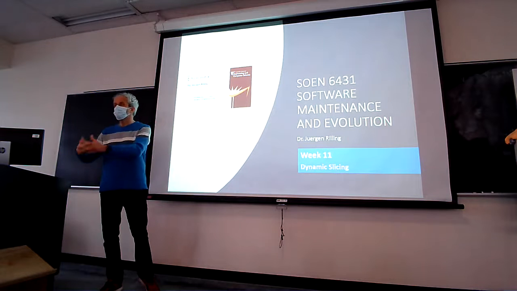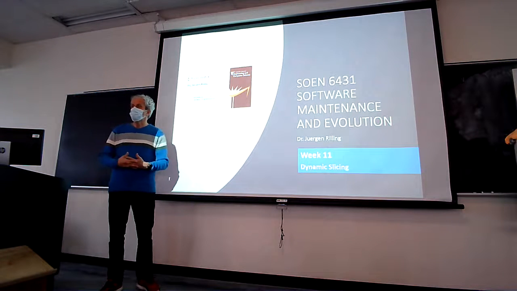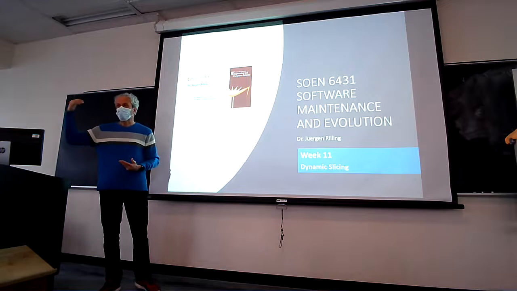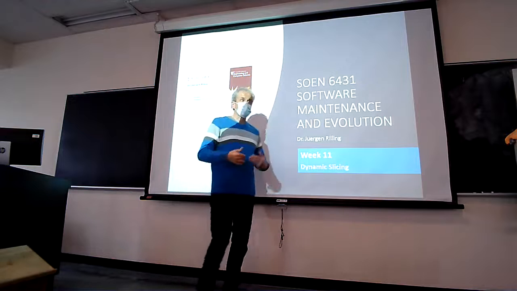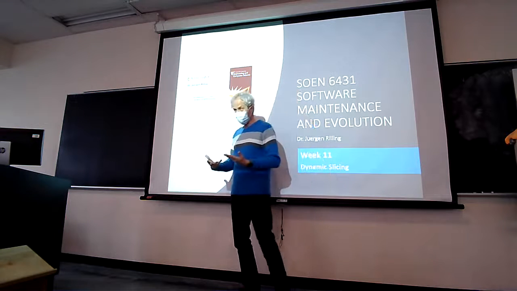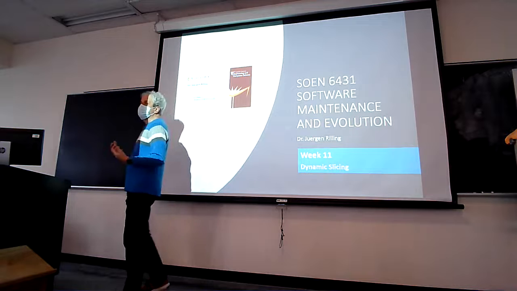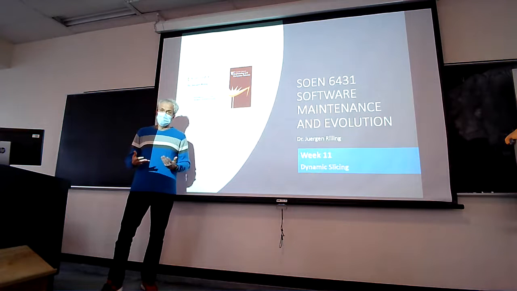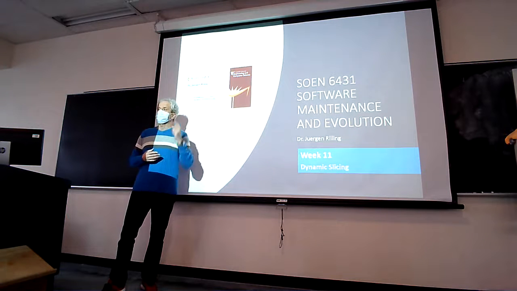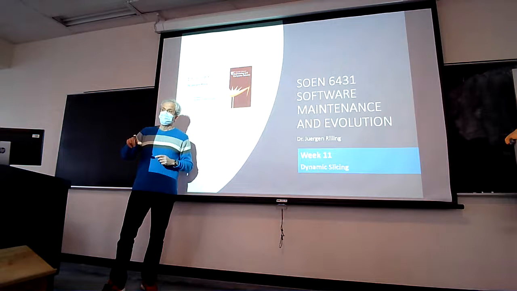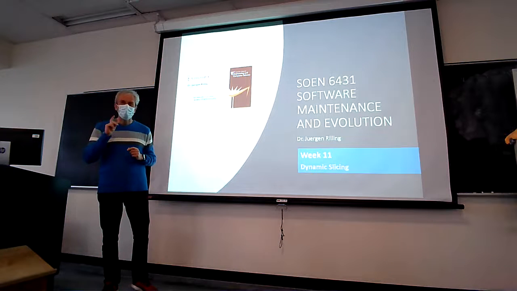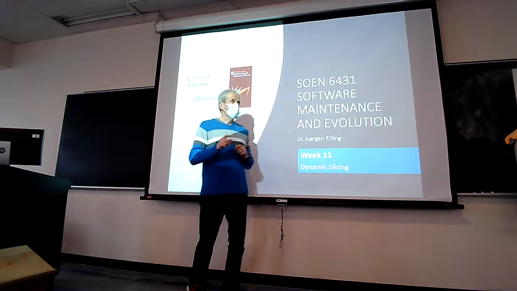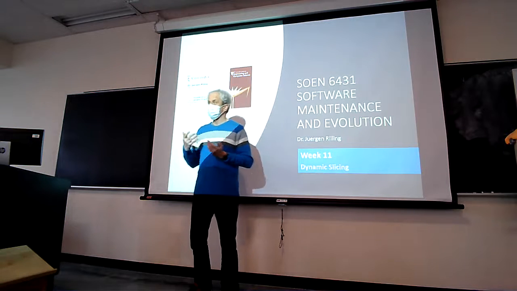So the slices which we compute are only going to be value preserving for the specific input for which we compute our dynamic slice, which is in contrast to static slicing, which is much more conservative, much more general, which computes a slice for all possible program inputs. It doesn't make any assumptions about the program input. The advantage of dynamic slicing is that the slices can be smaller. They must not be smaller, but they can be smaller, obviously depending on the input and what we execute.